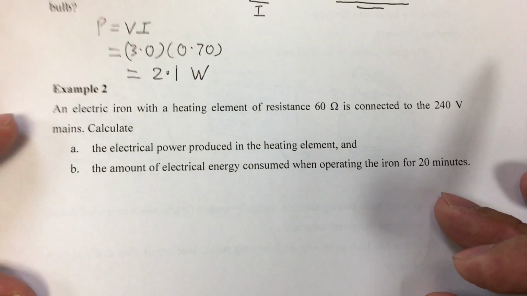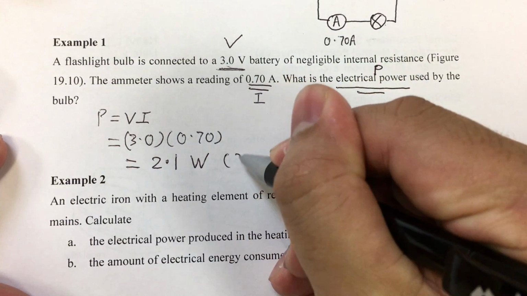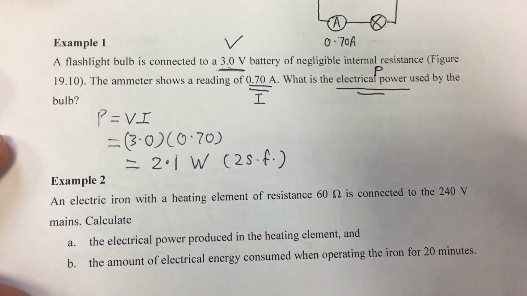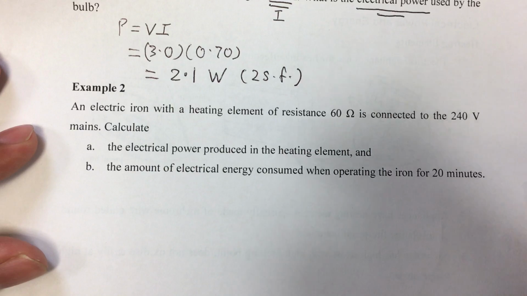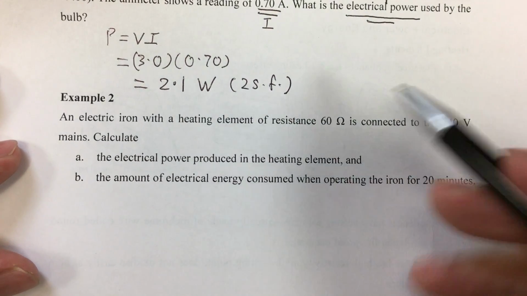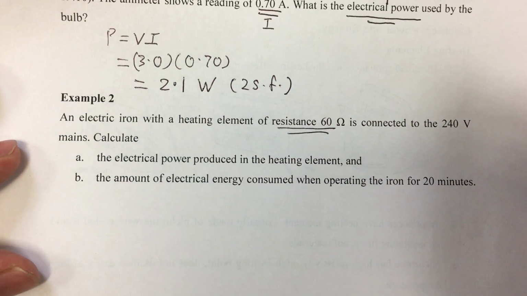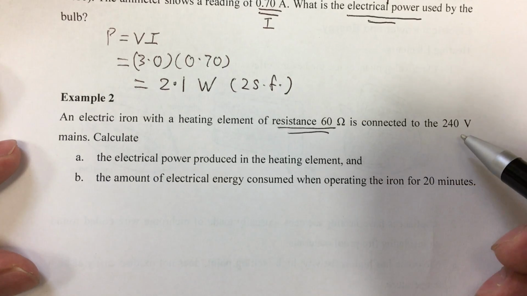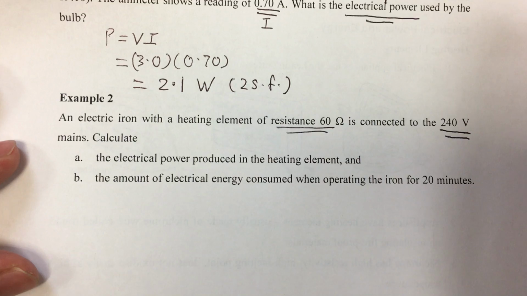Next, let's look at the next question. In the previous case, 2.1 watts, here is 2 SF. Let's look at the next question. Example 2. An electric iron has a heating element of resistance, underline resistance, 60 ohms, and it's connected to the 240 volts mains.